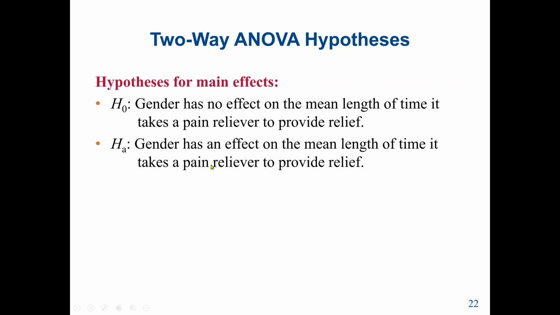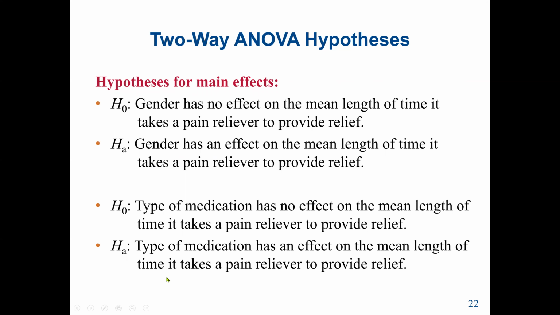Then we can also say H0 can be that the type of medication has no effect on the mean length of time it takes a pain reliever to provide relief. And if that's the case, HA will go against it, saying that type of medication has an effect on the mean length of time it takes a pain reliever to provide relief.